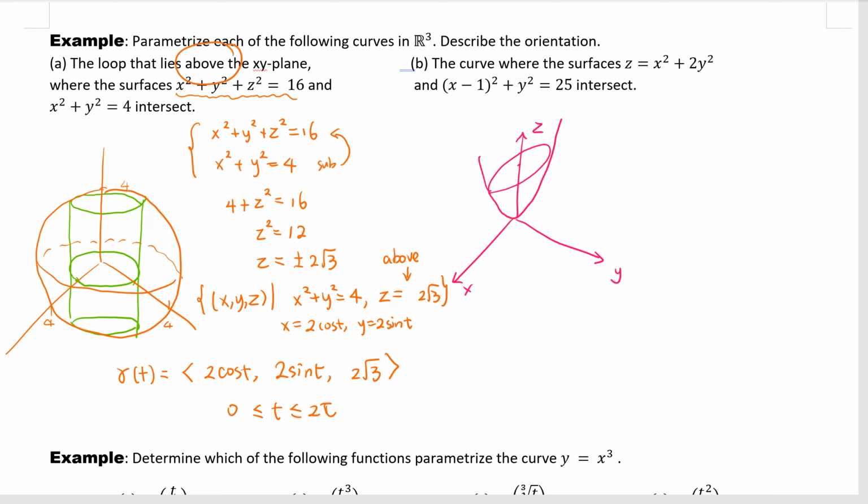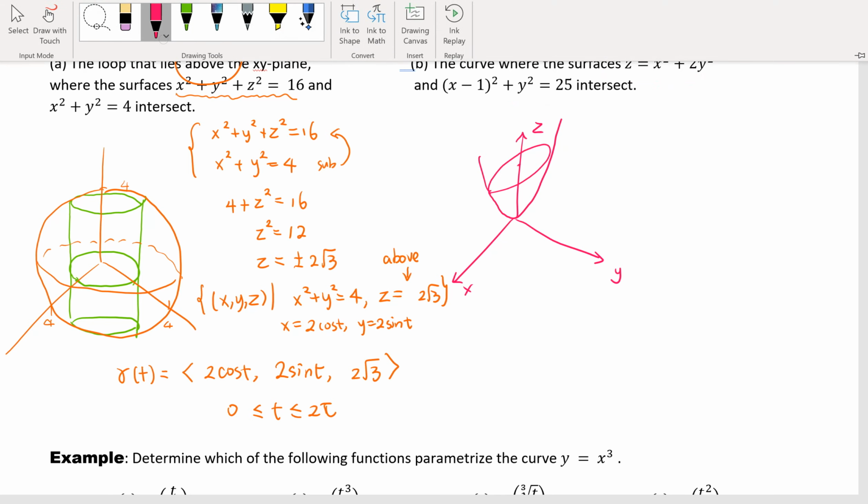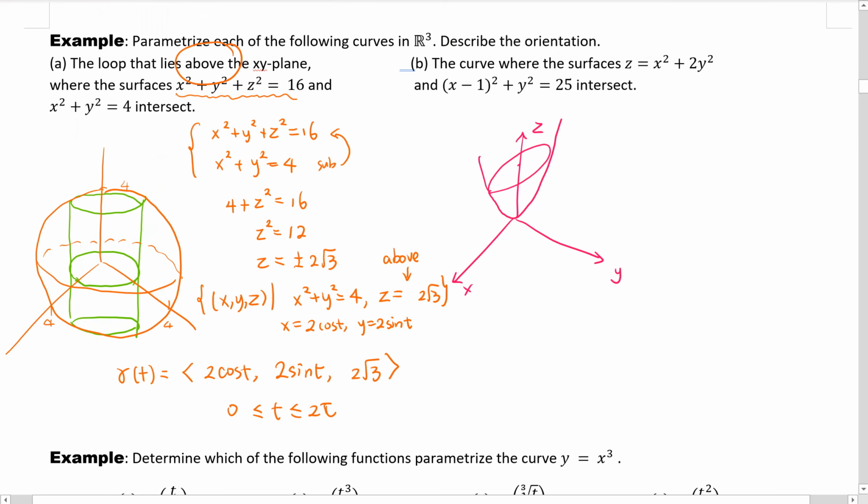Okay. And how about this guy? Well, this guy is a cylinder, right? Let me change to a different color. So it's on the xy plane with the center at 1, 0 and the radius is 5, right? So 1, 0 is right here. And then the radius is 5. So we get a circle. Let me draw it better.